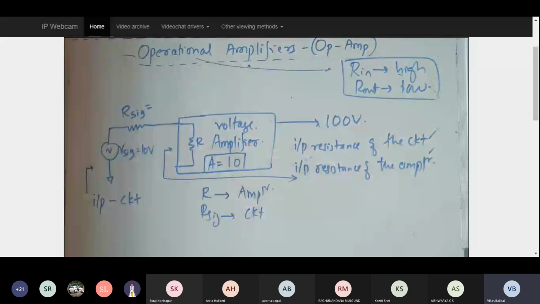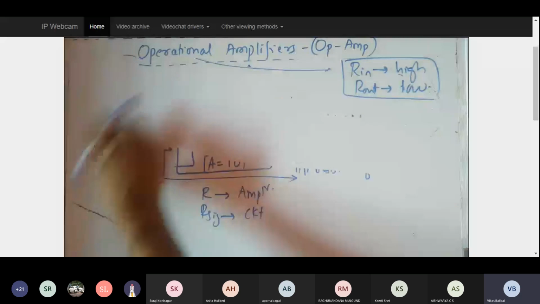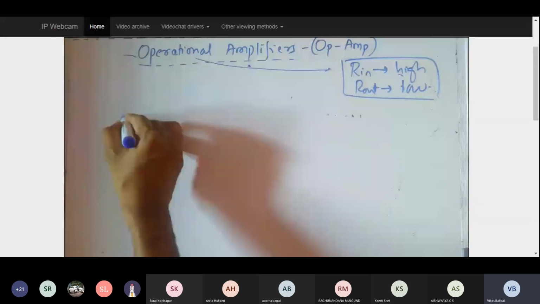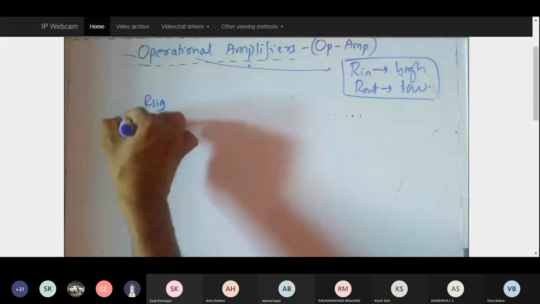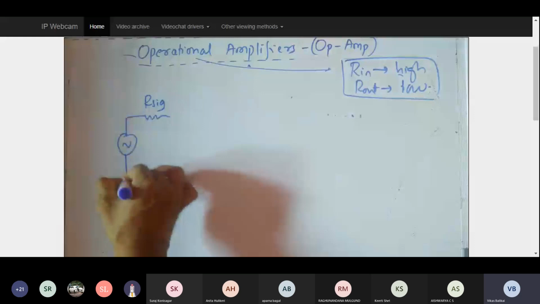High irlilla andre yenagatta. Let us try to understand that. Once I understand the high irlilla andre yenagatta, you will automatically come to know it has to be very, very high. So let me draw the circuit once again. Let me draw the op-amp itself.